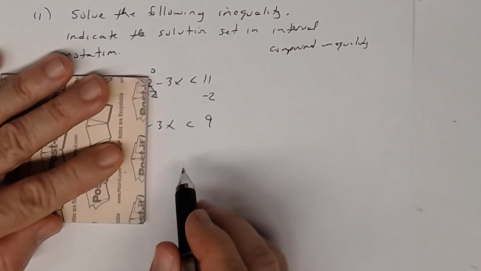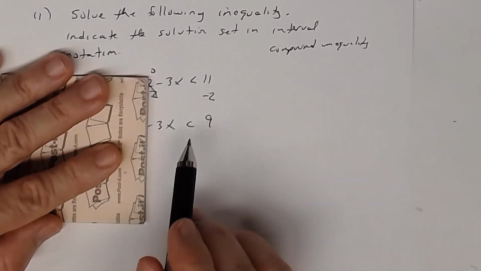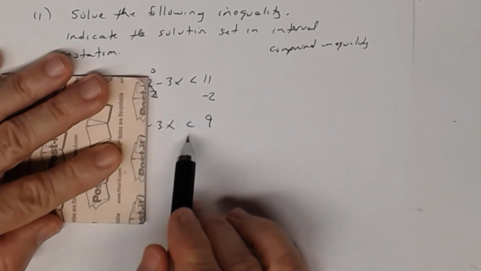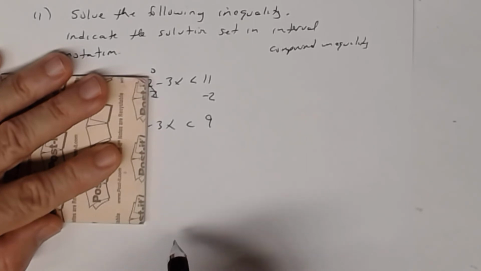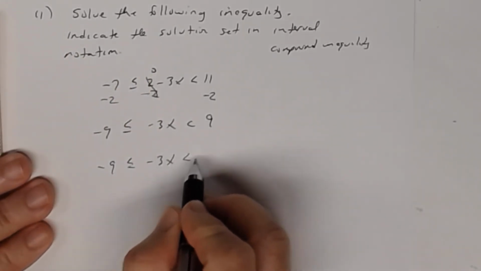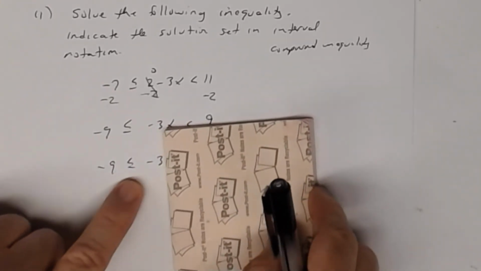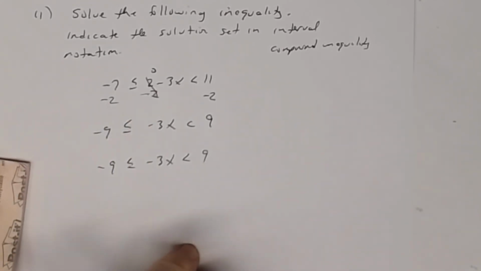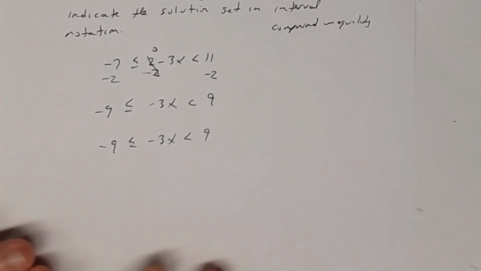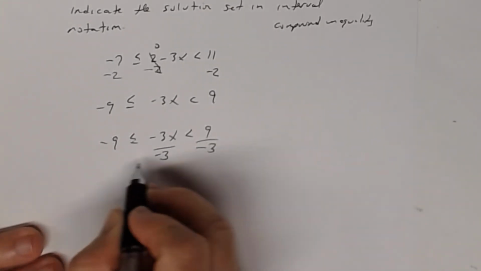But remember, whenever you multiply or divide both sides of an inequality by a negative number, you have to reverse the inequality symbol. So let me go ahead and rewrite this over. So again, whenever you multiply or divide both sides by a negative number, you have to reverse those inequality symbols. So at this point, I'm going to divide all parts by negative 3.